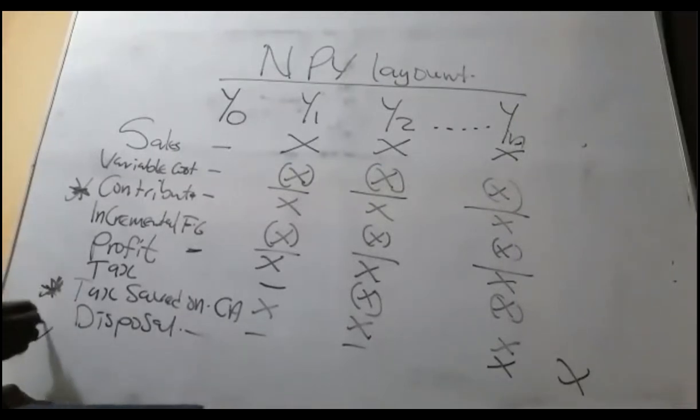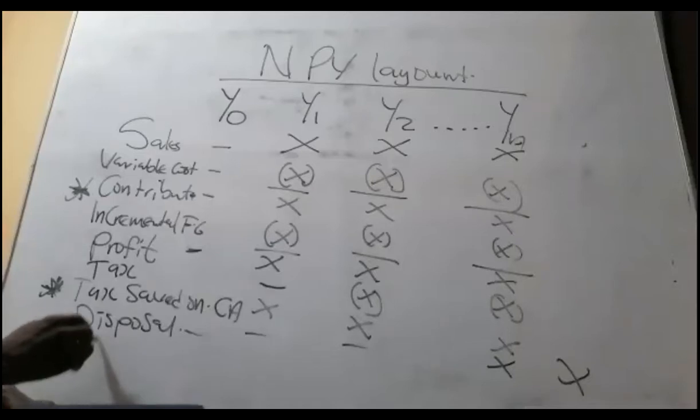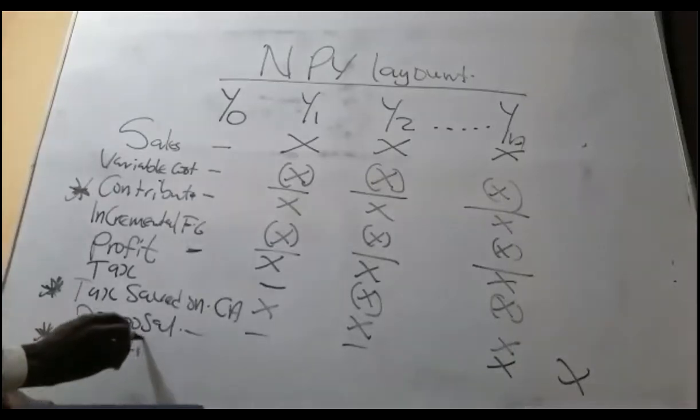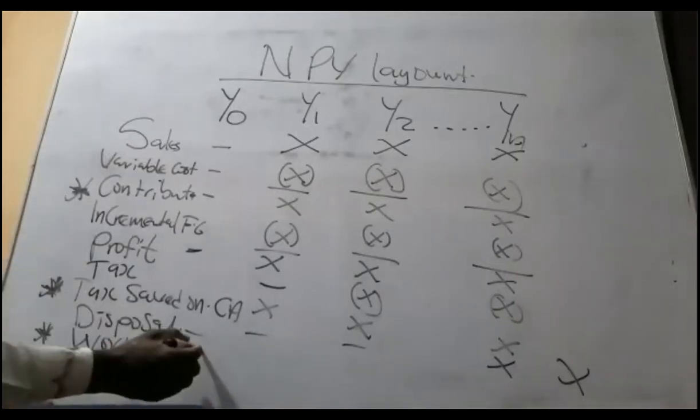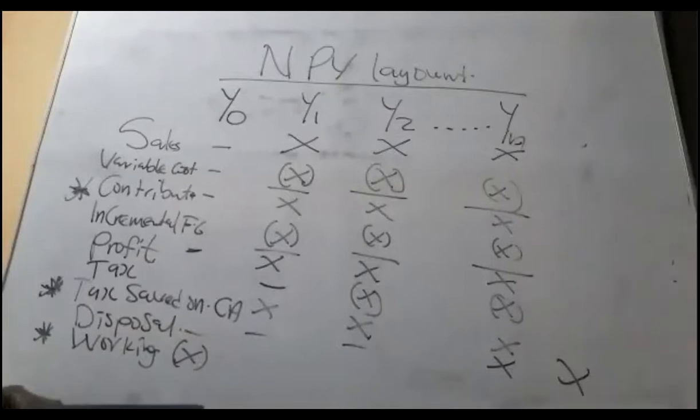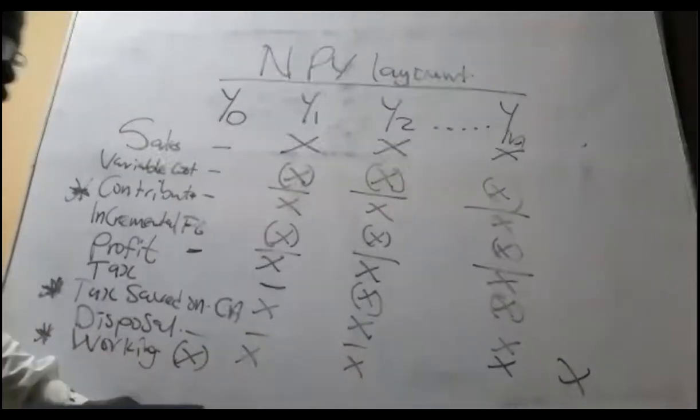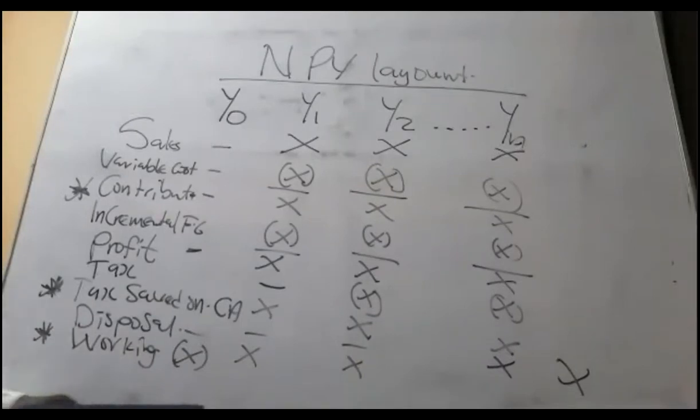Then item number 2 that I'll talk about is working capital. Working capital. That one will come in year 0. Put it in brackets. I will explain. So for now, it might seem like a format, but I will explain that.